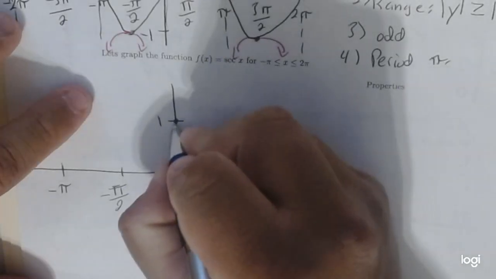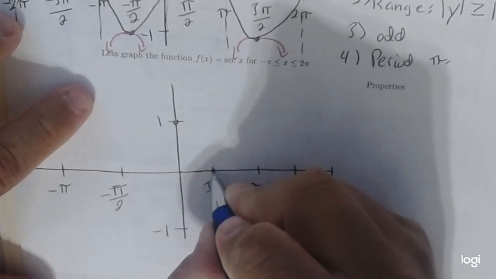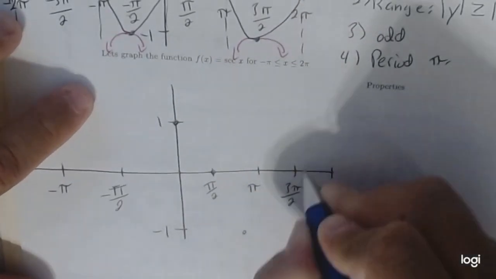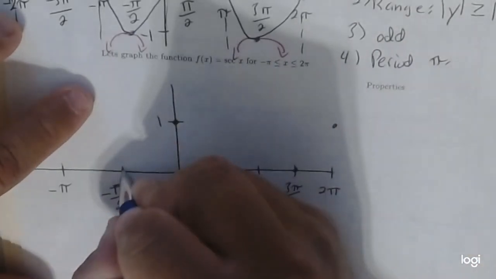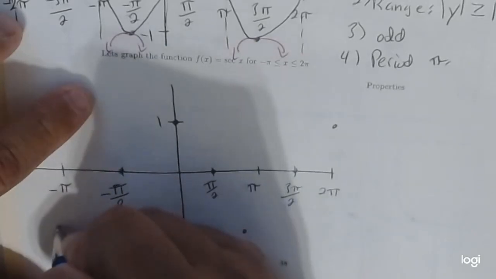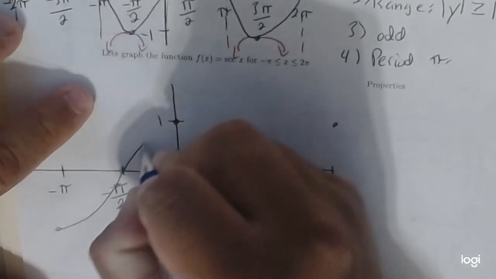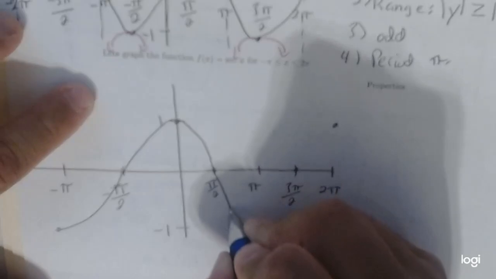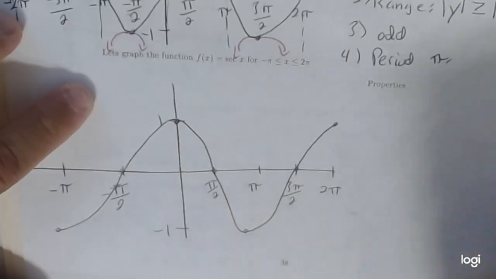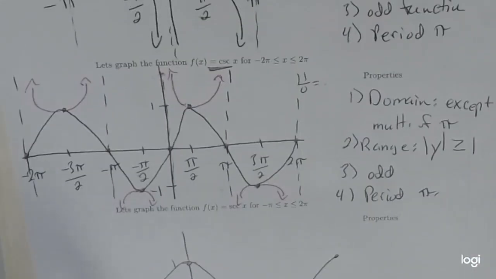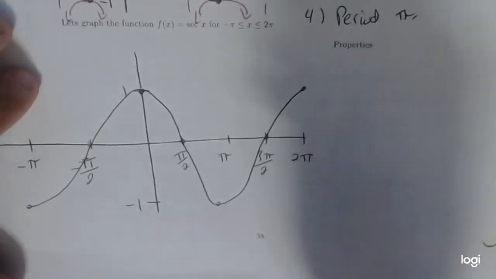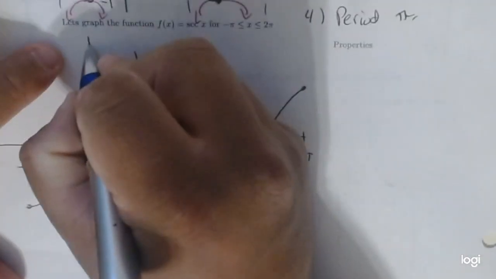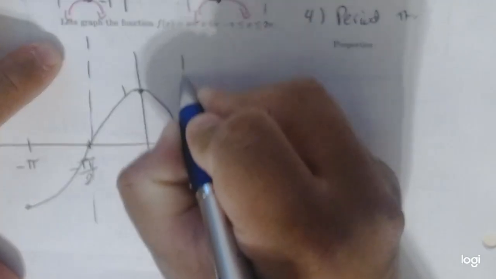So to graph cosine, just quickly draw these out. Okay. All right, so now that we have that going, just like the other one, the secant is 1 over cosine. So again, everywhere you see a 0 is going to be a vertical asymptote, just like the last case.